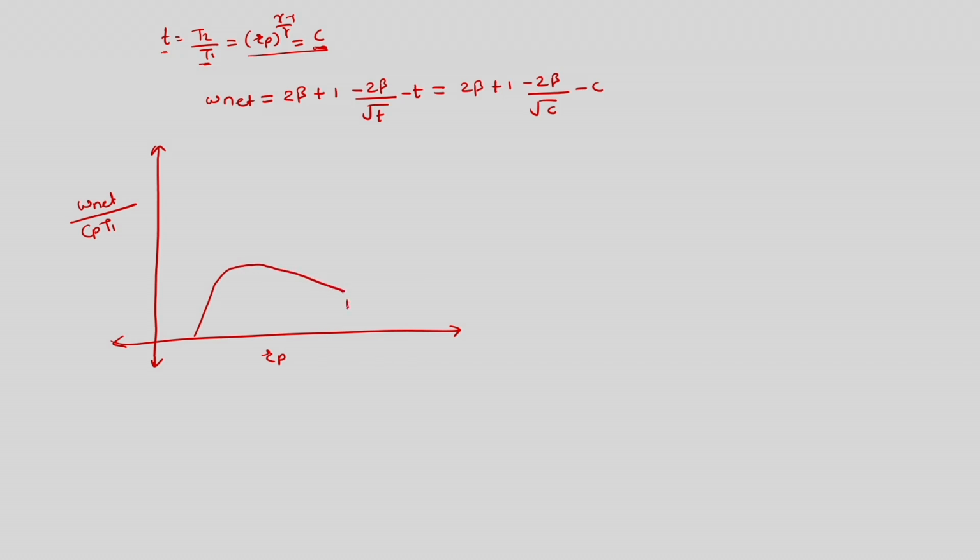So this is beta 1, this is beta 2, so this is for beta 3, and this is for beta 4. So here as well, at higher pressure ratios we can see that the network decreases. This is W net upon Cp T1.